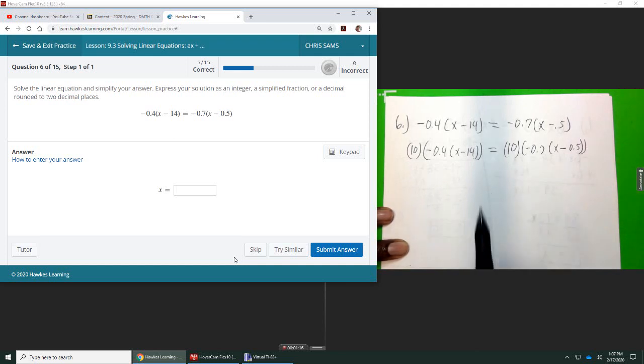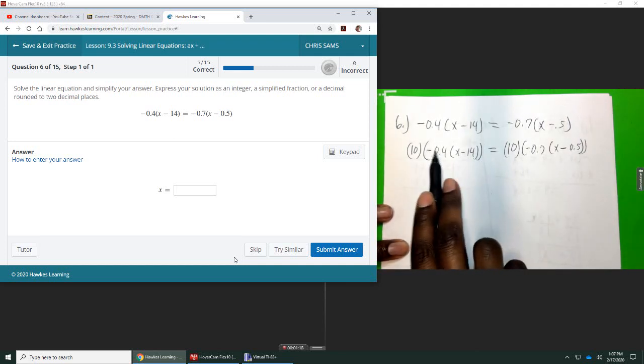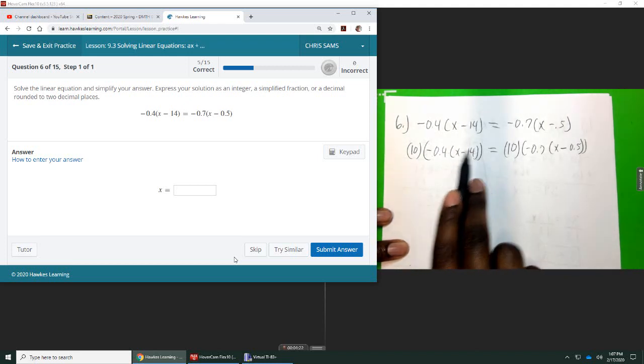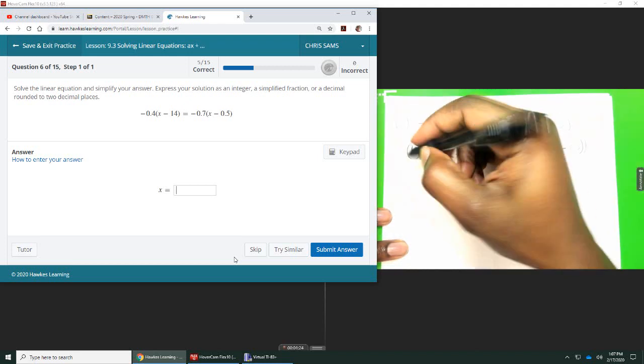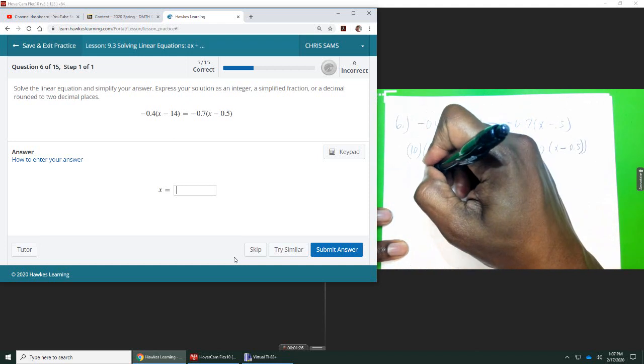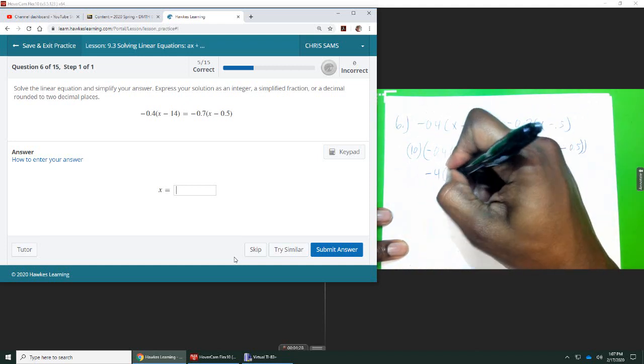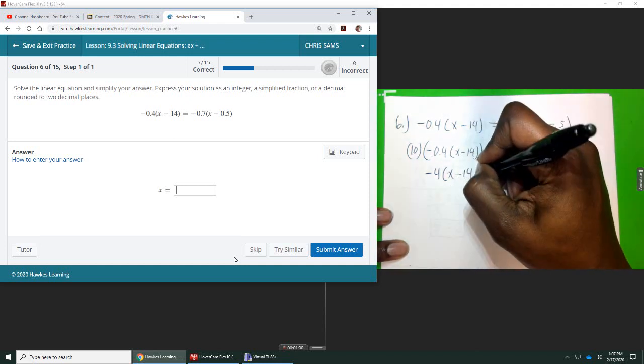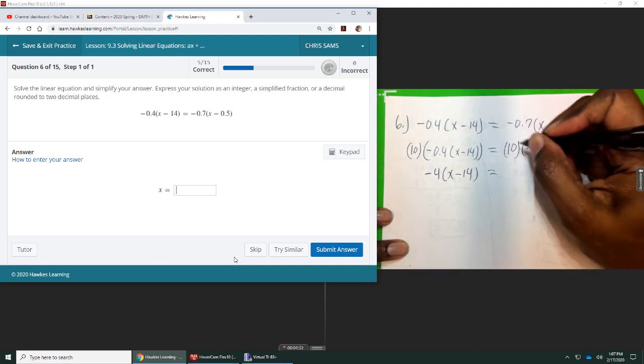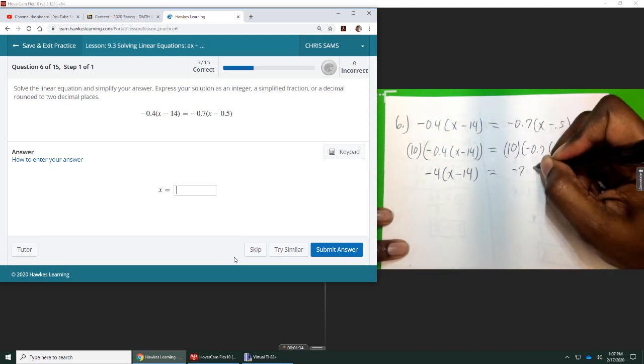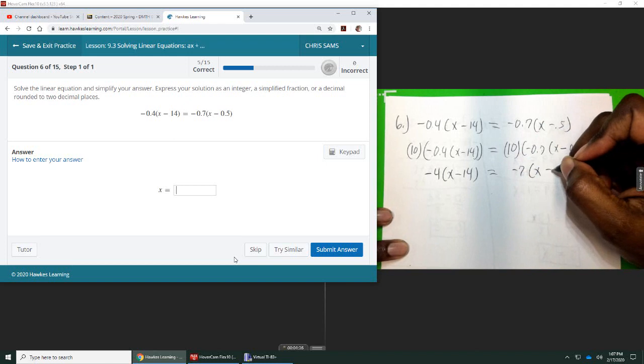Since this is being multiplied, by the distributive property, when you multiply this times 10, it's going to affect both terms. Same thing over here. So multiplying by 10, we get negative 4 times the quantity x minus 14 equals negative 7 times the quantity x minus 0.5.